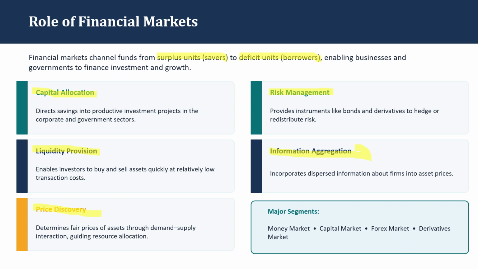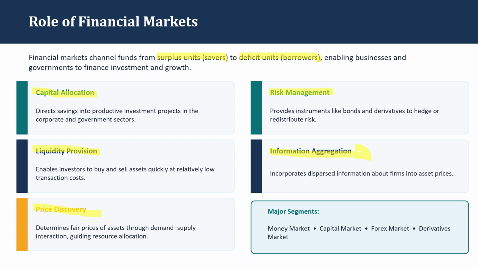Whenever you get some good information, share prices may increase, but negative information can cause a sudden fall in the share prices. Because of this, policymakers and investors look at asset prices like bond yields and stock indices as indicators of market sentiment and expectations.